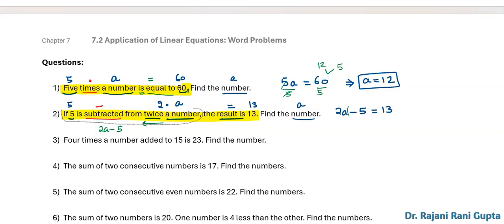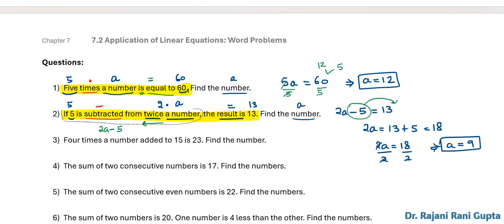For that, you move minus 5 to the right side. This gives you 2a is equal to 13 plus 5, that is 18. Now 2a is 18. You want a, so divide by 2. It gives you A is equal to 9. So in this way we can solve these questions.